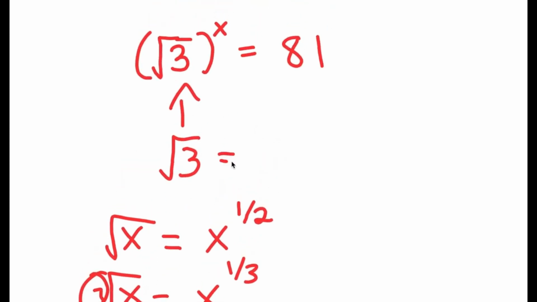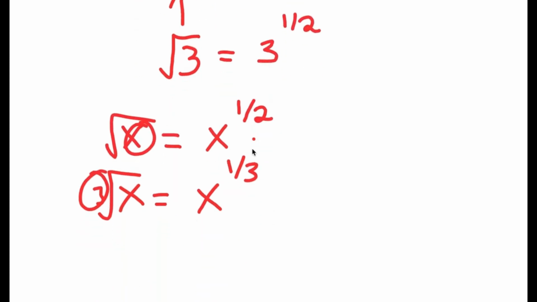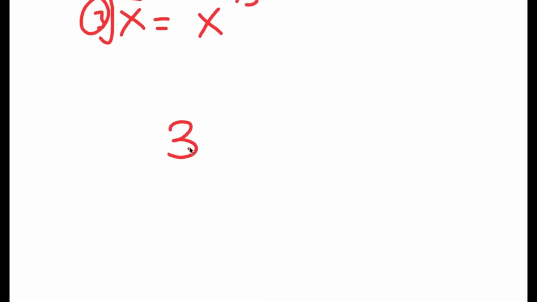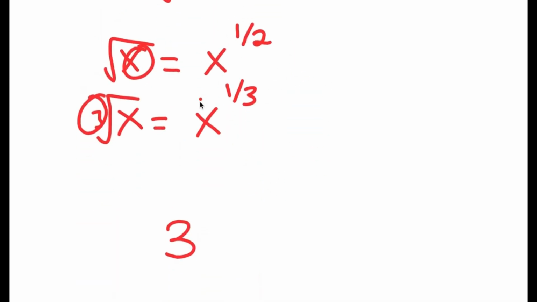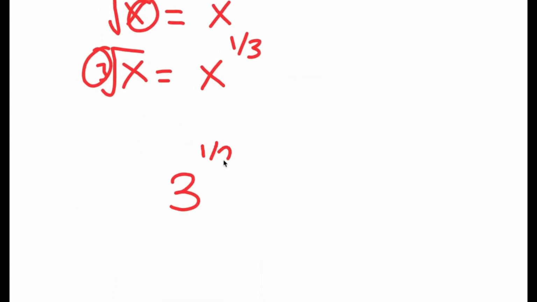So the square root of 3, we can think of 3 as x in this case, and we can rewrite this as 3 to the power of 1/2. So now, if I substitute in 3 to the power of 1/2 for the square root of 3, I get 3 to the power of 1/2 to the power of x is equal to 81.